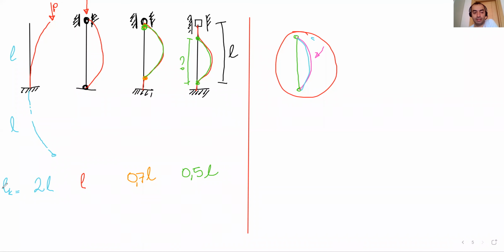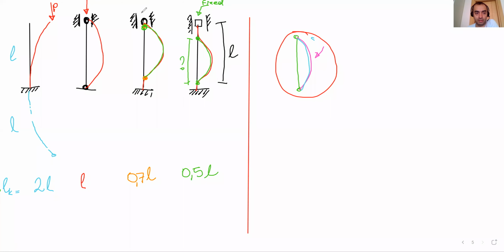LK is this. Okay. The logic of LK comes from here. I think you can memorize it. That's okay for different support conditions, as you can see here. But here, don't forget this one. This is fixed. Fixed and roller in the vertical direction.